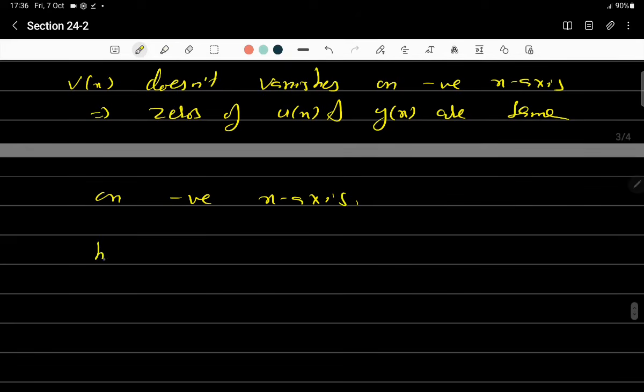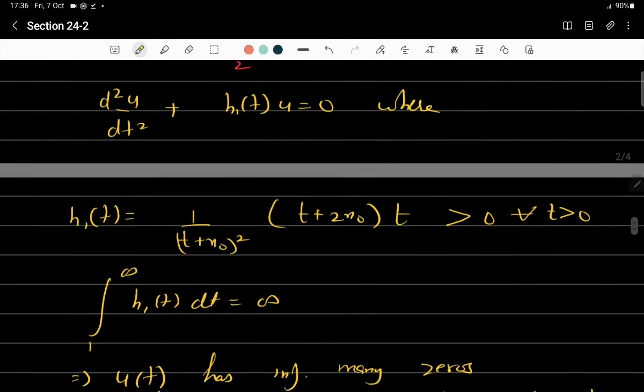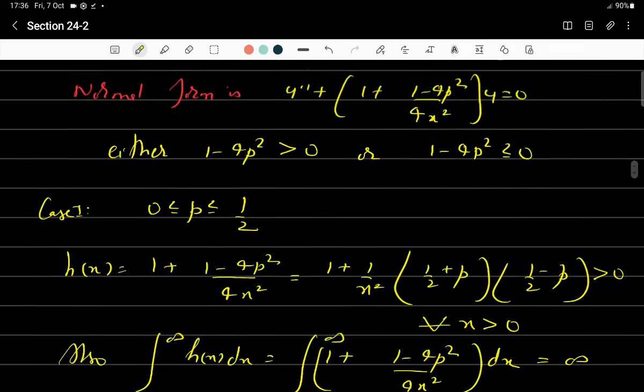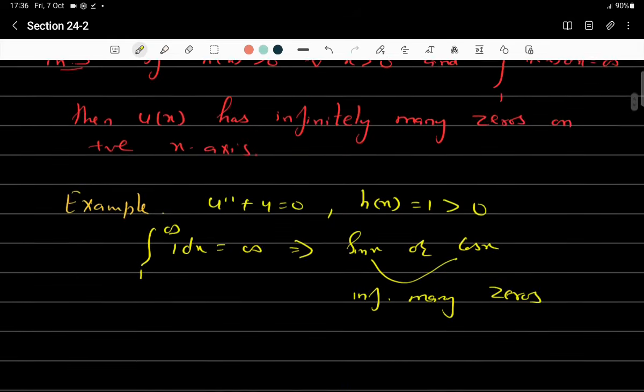So it means h of x is negative on the negative x axis. Recall the first theorem we did in today's class.